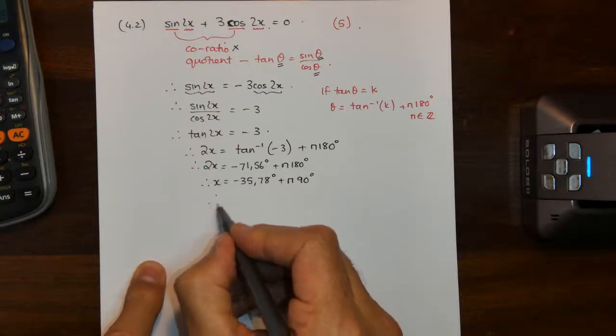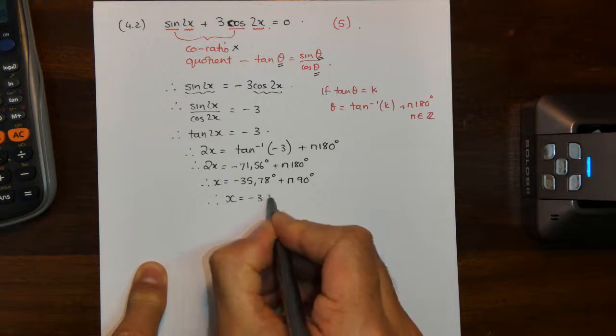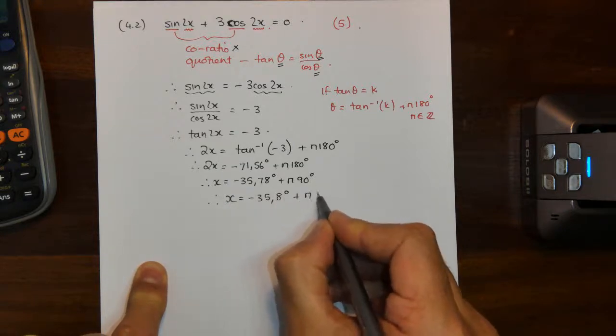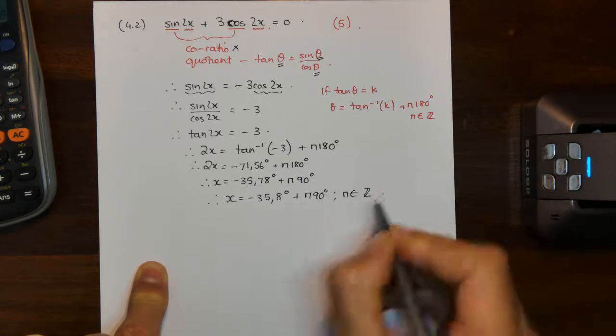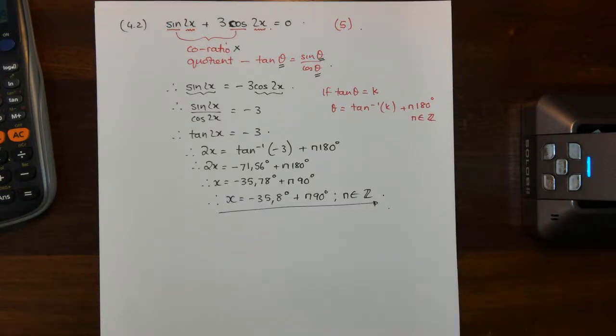Okay, so they asked me correct to 1 decimal place, so x becomes minus 35,8 degrees plus multiples of the 90, where n is an integer. And there you have it, you have found your general solution correct to 1 decimal place.